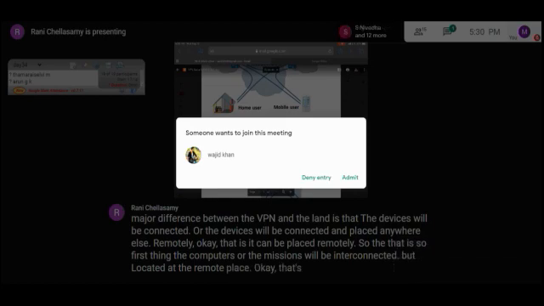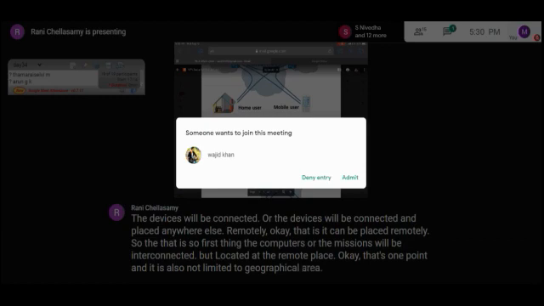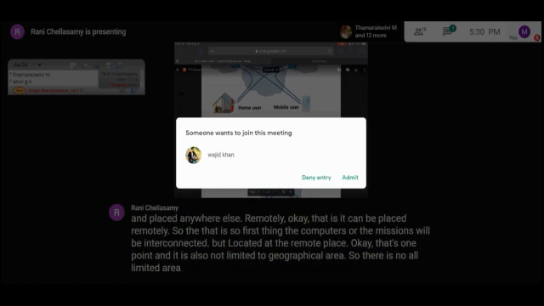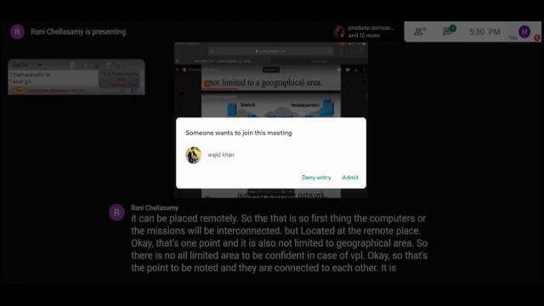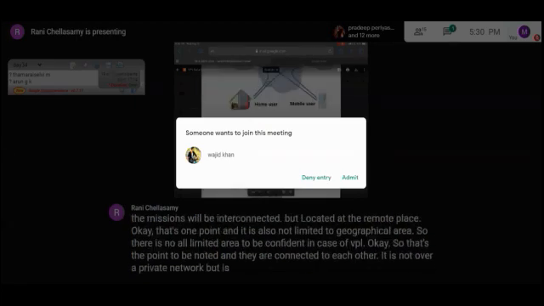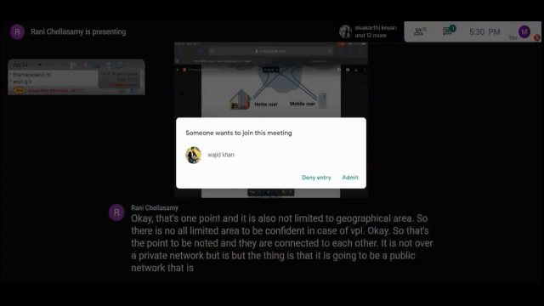It is also not limited to a geographical area; there is no limited area to be confined to in the case of VPN. They are connected not over a private network but over a public network, that is the internet.